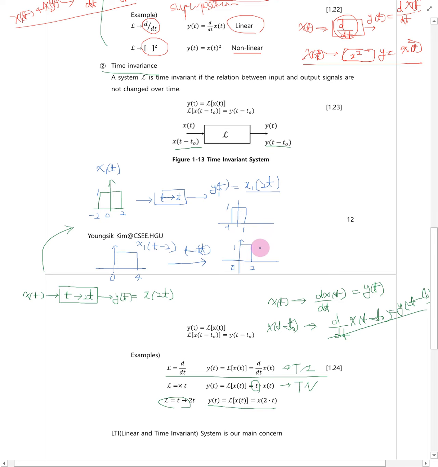So the output will be x1(2t) minus 2. This can be written this way: x1(2t minus 1) and this value. So t is just 2 times t.